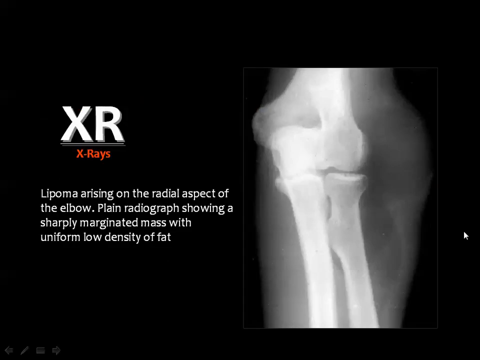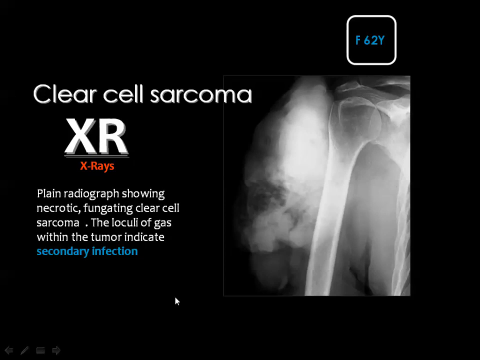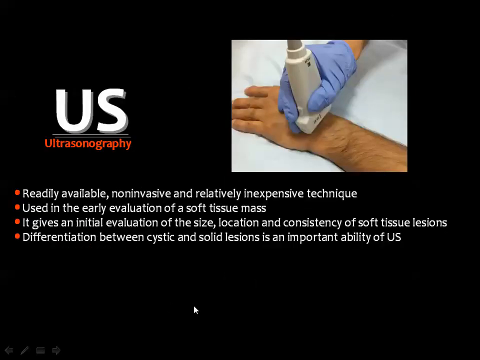But here you see an X-ray of the elbow, and you can see the radiolucency of the tumor, which corresponds to its fatty nature, and this was a lipoma. Then here you see a clear cell sarcoma arising in the upper arm, and the presence of air here, as I have mentioned before, indicates superadded infection in this tumor.